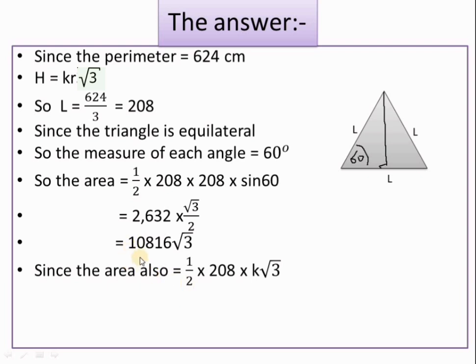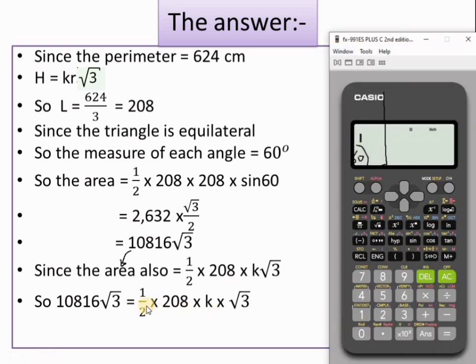I have the area, so I'm gonna substitute the area here, and then you will get an equation in just one variable, which is k. And you can solve this easily using the calculator. Simply just write it as it is.